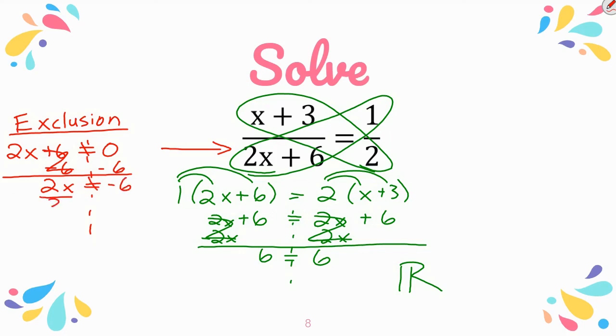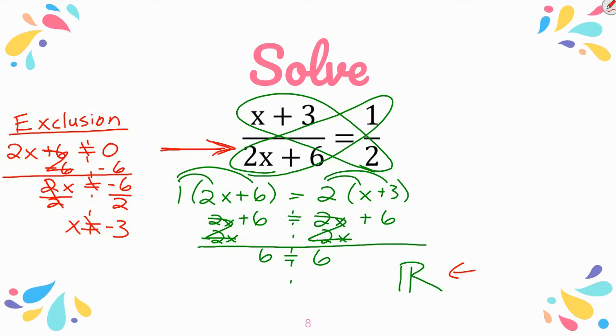Then I'll divide both sides by 2 to find out that x cannot equal negative 3. So earlier I said that all real numbers would work, but actually they won't, because we cannot have a 0 here in the denominator. That means that x cannot equal -3.